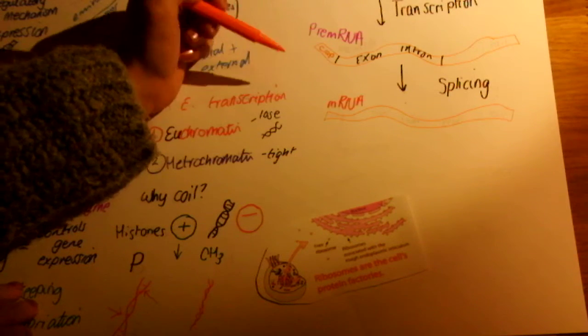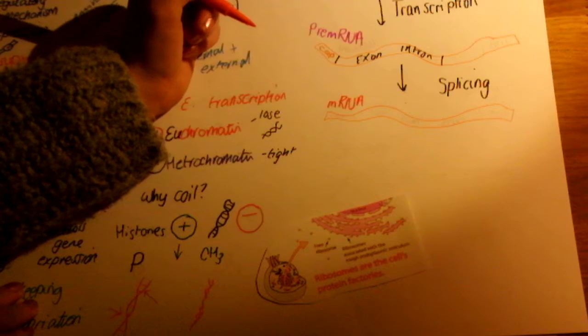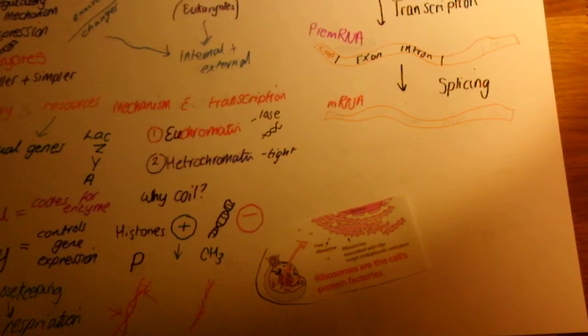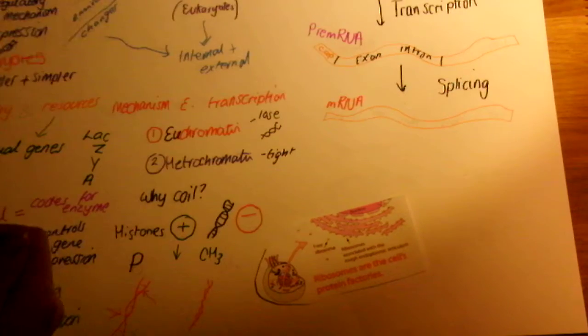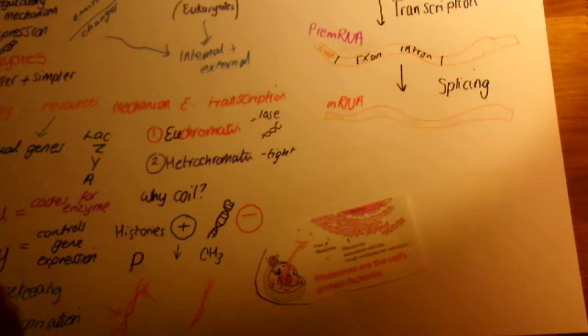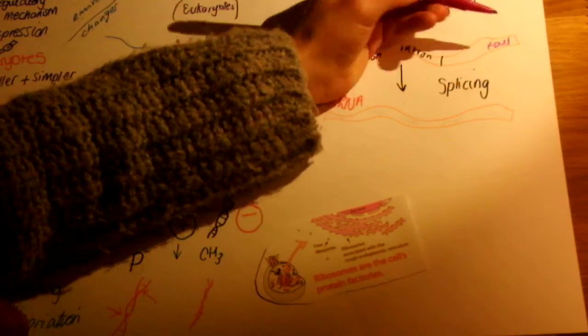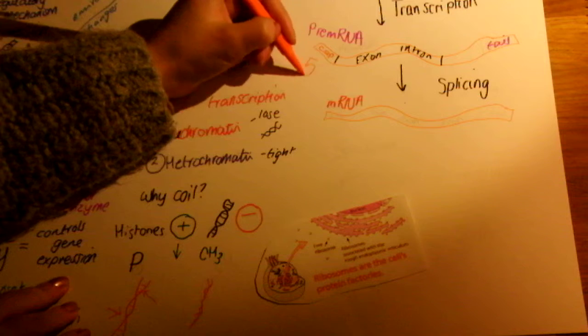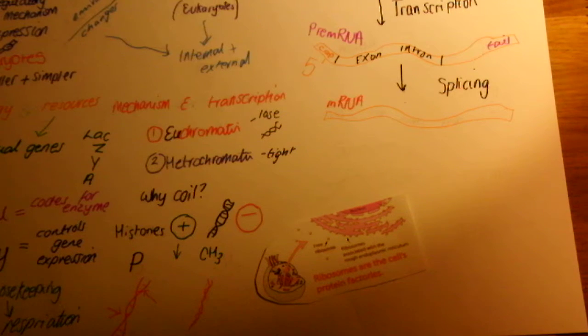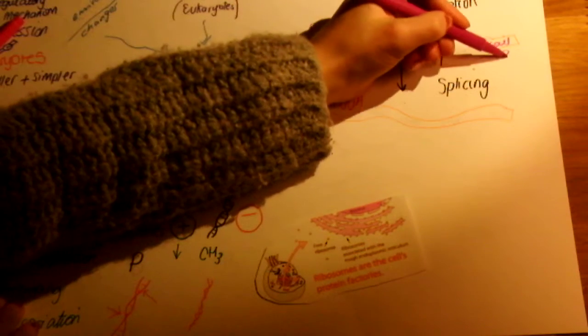This cap means that it is the head of the animal, or the head of the DNA, and obviously the tail, which is at the back end, is added to the other end. The cap is added to the 5' end, and the tail is added to the 3' end.